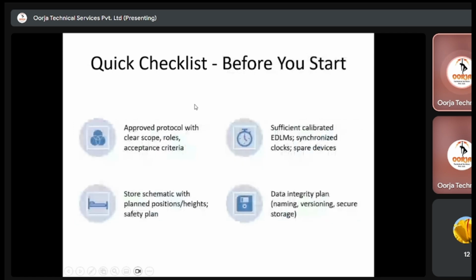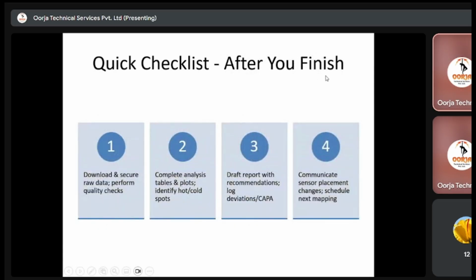So this was before the start of the activity, and this is after getting the activity done. After completing the mapping activity, we download the data. We process that data for other analysis, like identification of cold spots, hot spots, and temperature variation across the mapping duration.